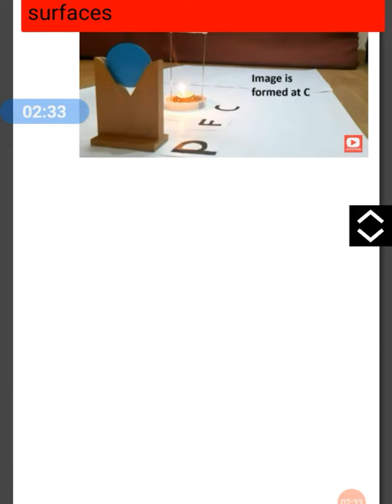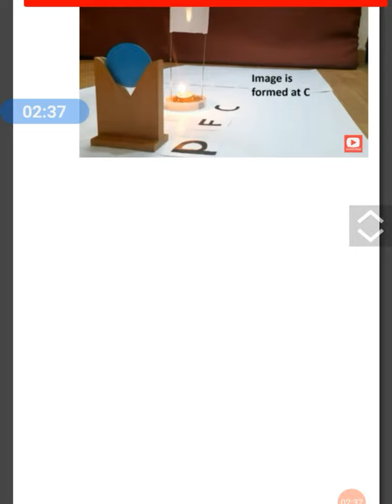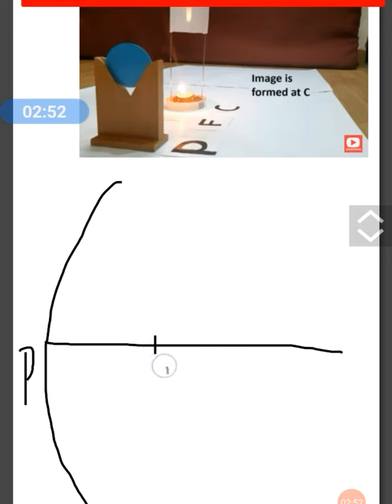Now next, see here, if you take the object at C, the image is formed at C and it is real, inverted and the same size. See here, we will draw it. See, pole, focal point, center of curvature. Put the object at the center of curvature.